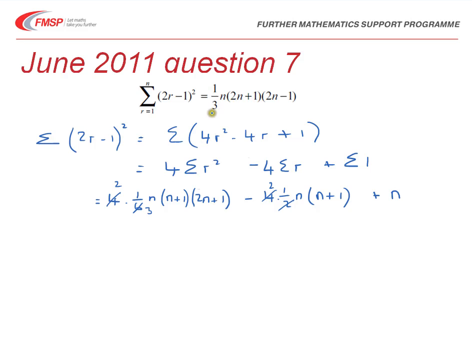Again, the question is helpful in that it tells us what we're looking for, so we can see that the things to factorize out from here are the fraction 1/3 and n. So that left in the big bracket this time, from the first expression, we've got 1/3 and n, so we're left with 2 multiplied by (n plus 1) and (2n plus 1).